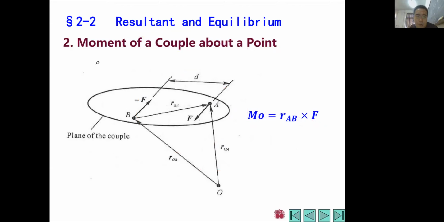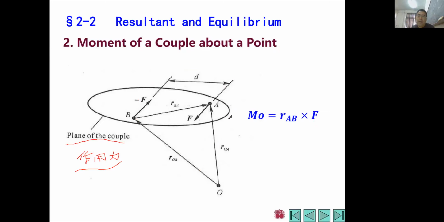Let us know how to get the moment of a couple about a point. If we have a couple here, this is the plane of this couple. In Chinese, we call that 作用面. So actually, the point of a couple is meaningless. The plane of the couple is useful, you know?